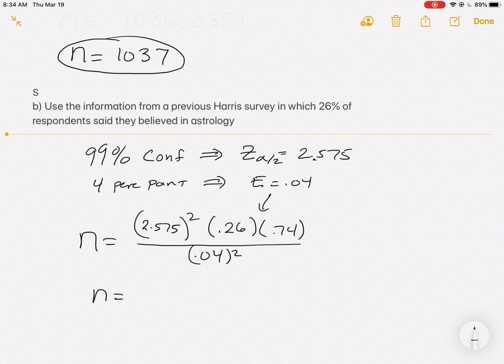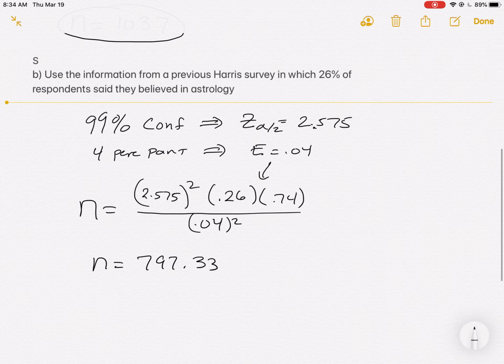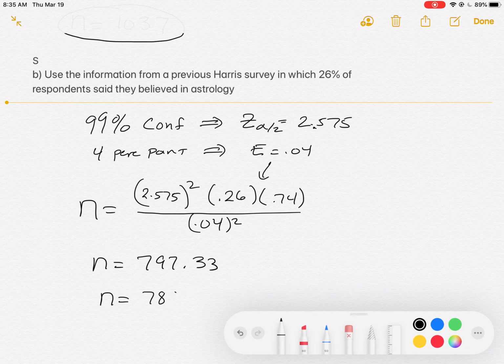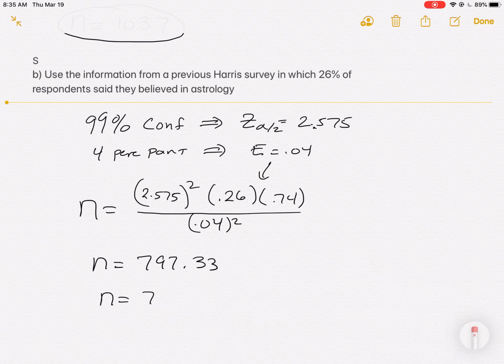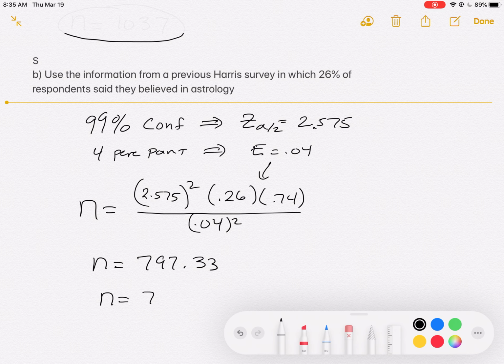Now my number coming out is 797.33, but we're going to remember this is a sample size, so it's not possible to talk to 0.33 of a person, and we're going to go and talk to one more. Whoops, and look at 798 would be our answer.